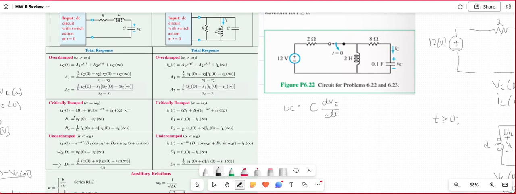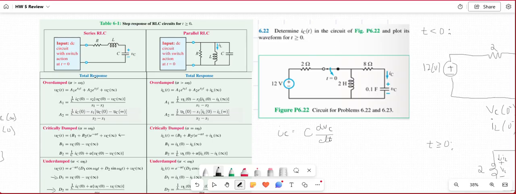Also, we are not given what response it is for this. So we don't know if it's overdamped, critically damped, or underdamped.